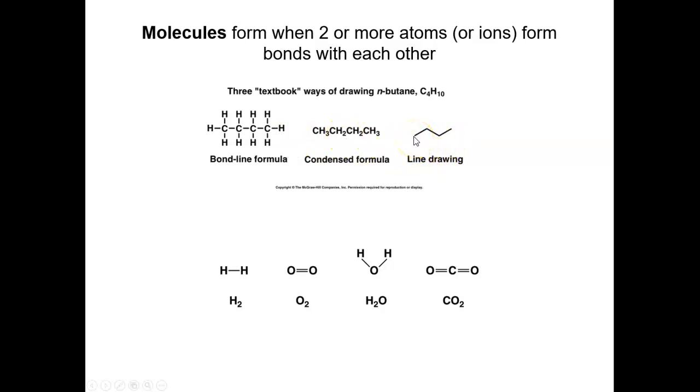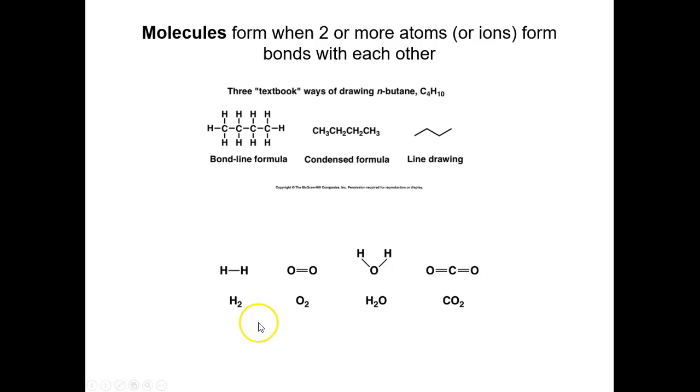Especially with carbon-containing molecules, sometimes you just draw these little lines, and at the end of each line is a carbon. So there's carbon 1, 2, 3, 4. And we know that carbons will make bonds with hydrogens. An experienced chemist, even just by looking at that, can figure out the structure. So you're going to see molecules drawn in all different ways.